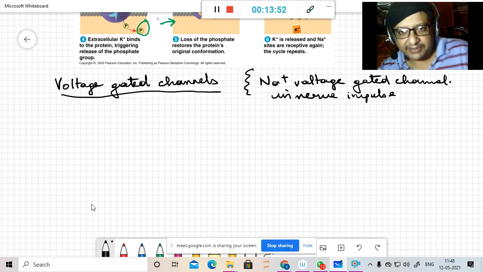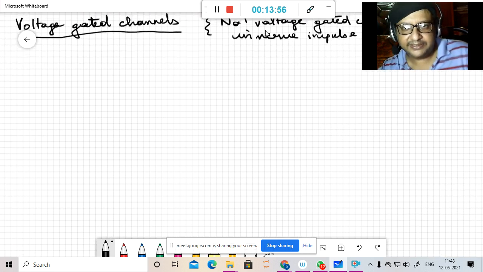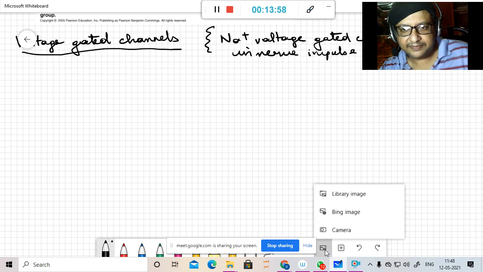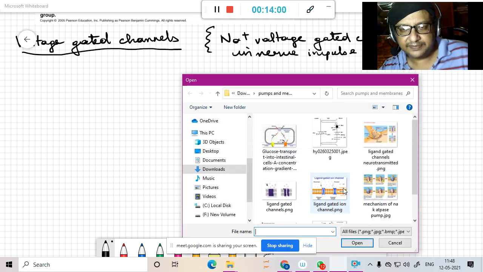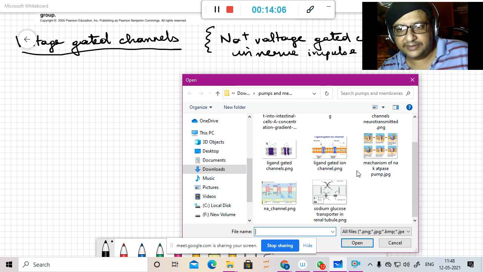So let us have a look at a picture of a voltage gated channel.